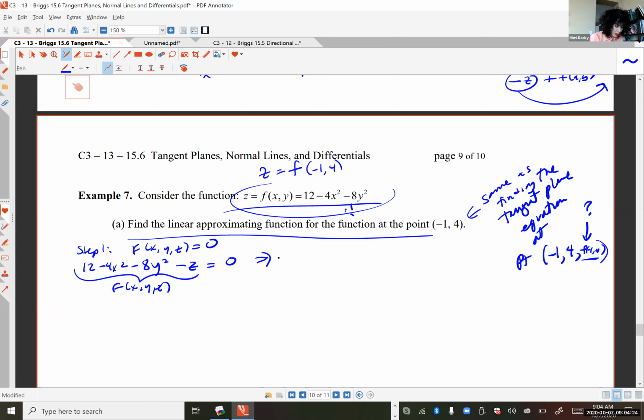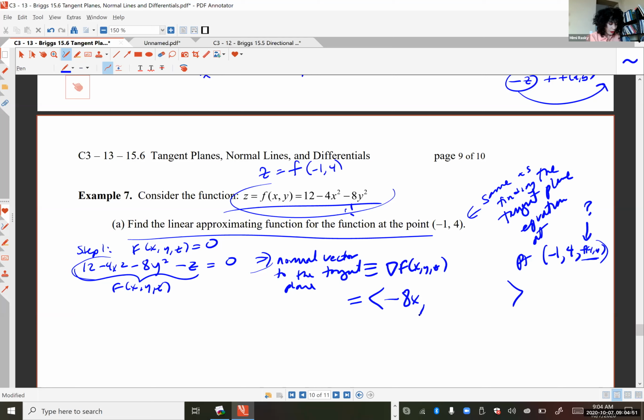Then the normal vector to the tangent plane is going to be the gradient, the 3D gradient. So for us, if you go get the partials here, the partial with respect to x of 12 minus 4x squared minus 8y squared, I think that's going to be minus 8x.